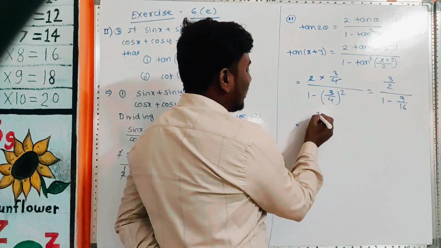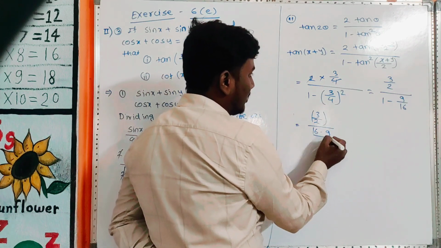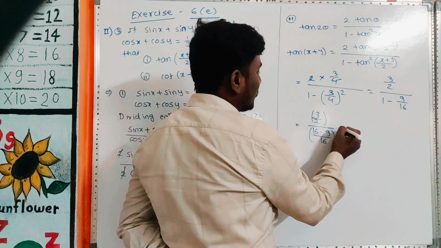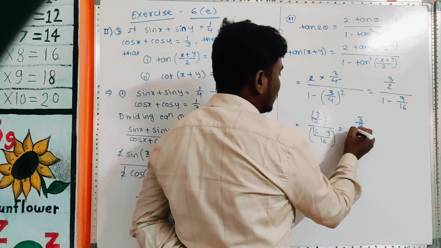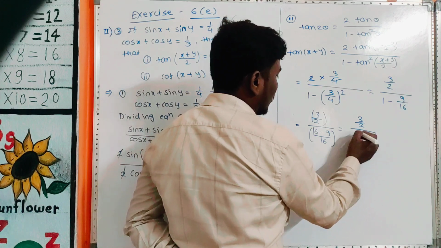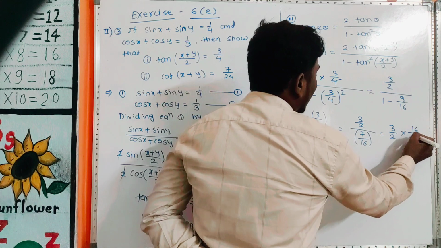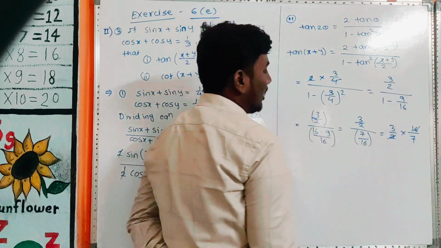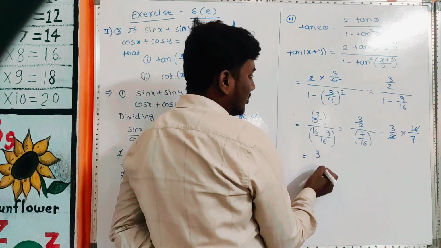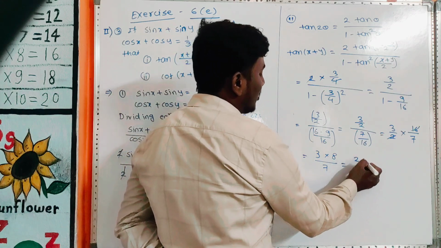Now this can be written as 3/2 divided by (16 - 9)/16. What is 16 - 9? It is 7/16. So what can I write? 3/2 into 16/7, meaning these 2 eights, what is remaining? 3 into 8 divided by 7, means 24/7.